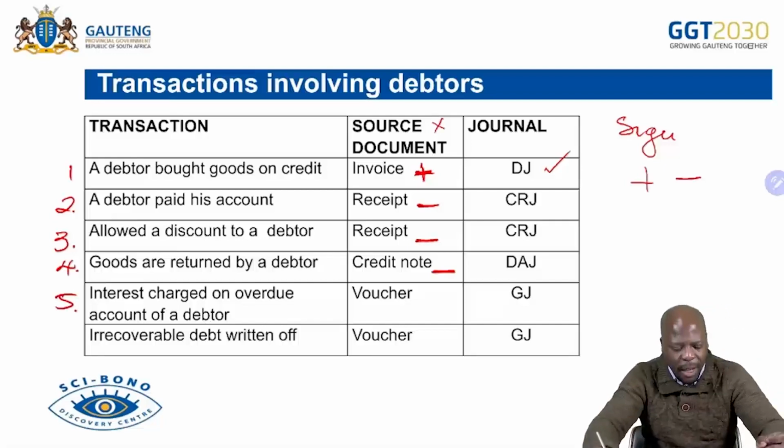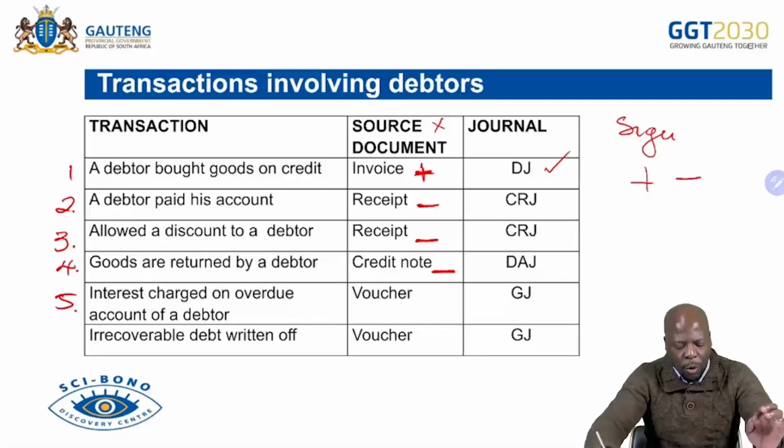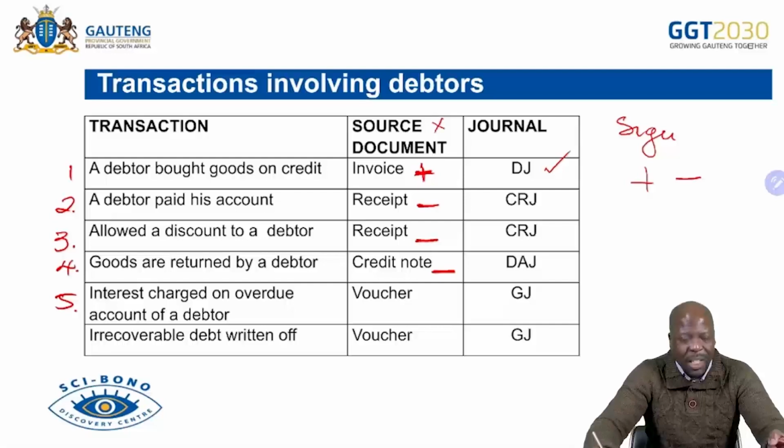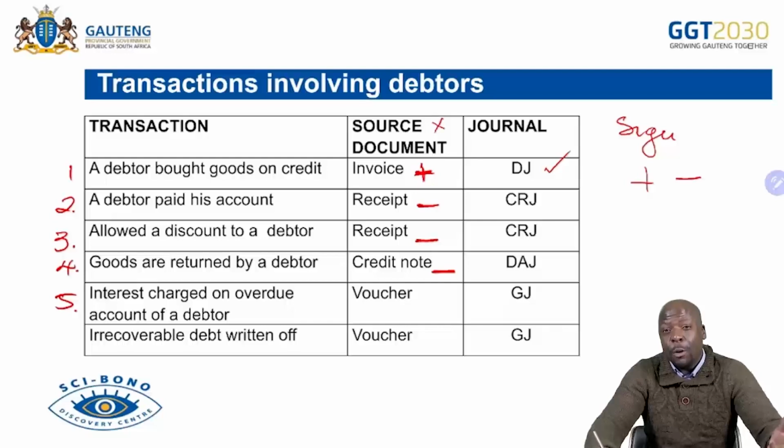Number five is now saying interest charged on overdue account of a debtor. Interest which we charge on the account of a debtor which is now overdue. Normally, when debtors don't settle their accounts on time, we charge them interest. Interest is now used as a tool to encourage them to pay early.